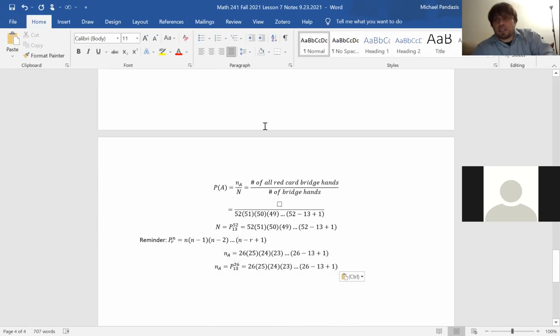That's the number of 13 permutations in a set with 26 elements in it.